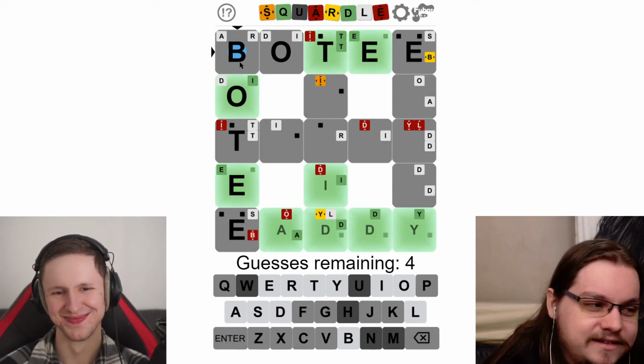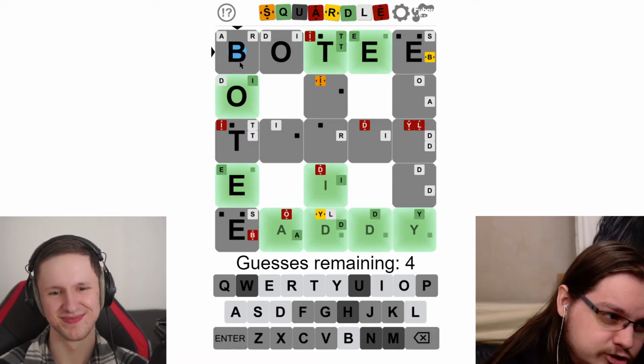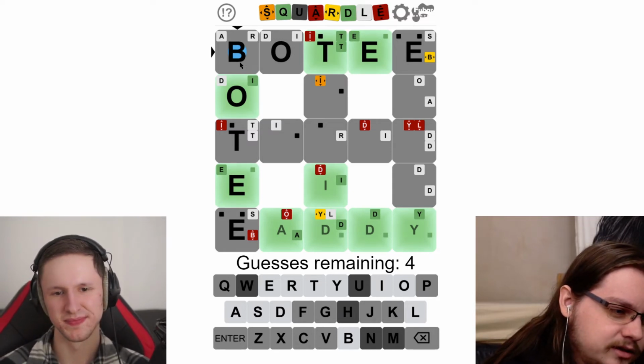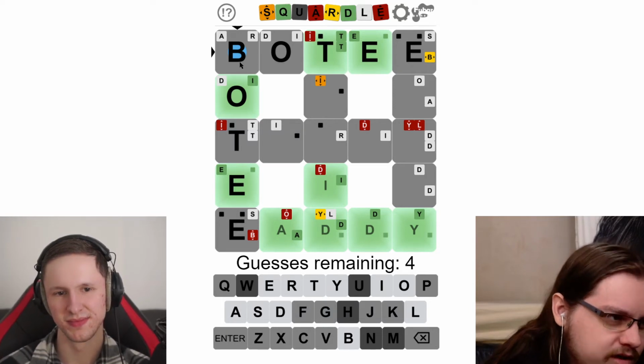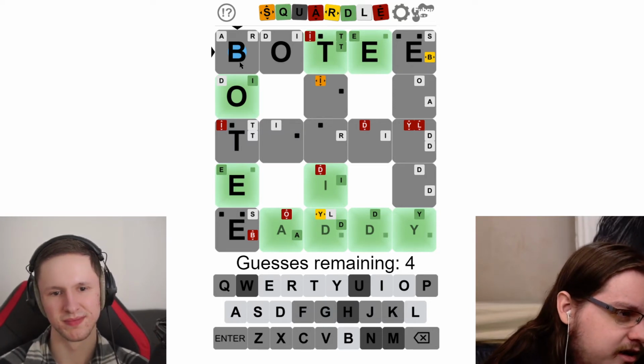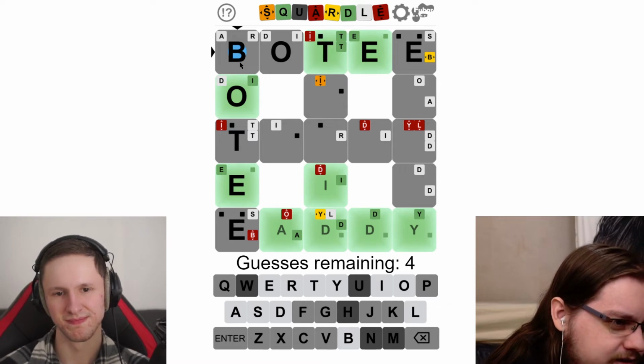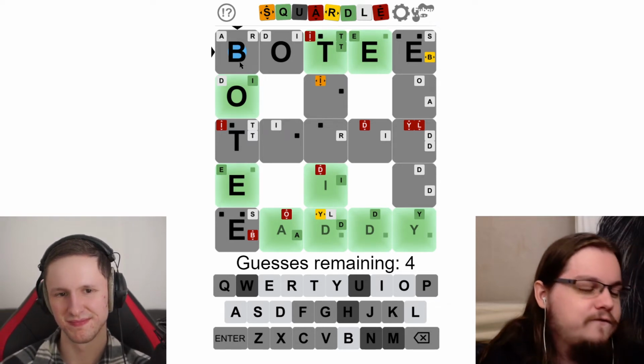So if it does end in an E, the other one probably does not. Maybe ratty sounds vaguely like a word. No, it can't be an R at all because of the R up top. It can't be daddy either. Fudge.